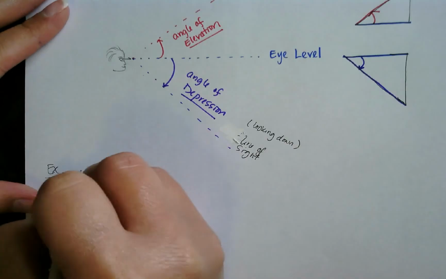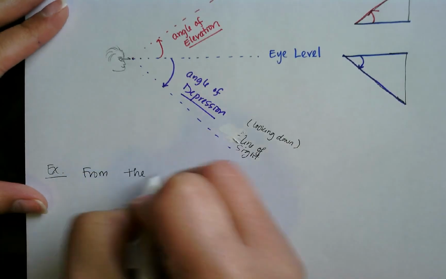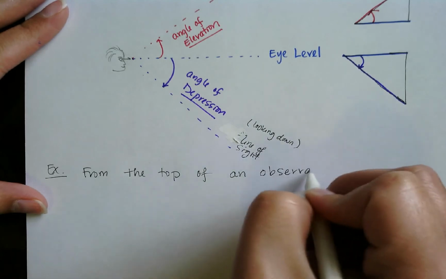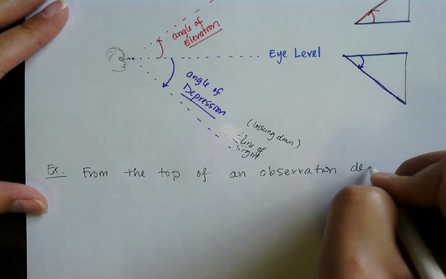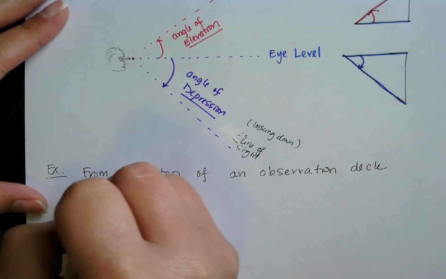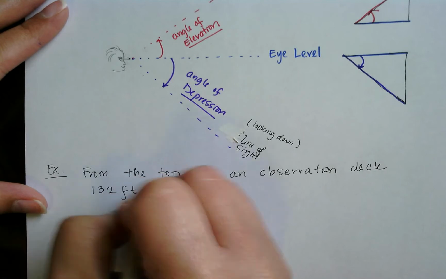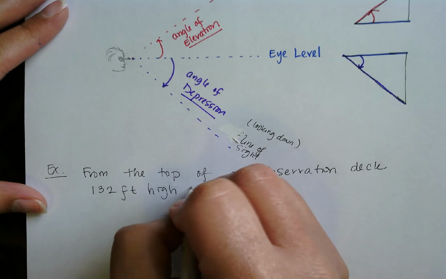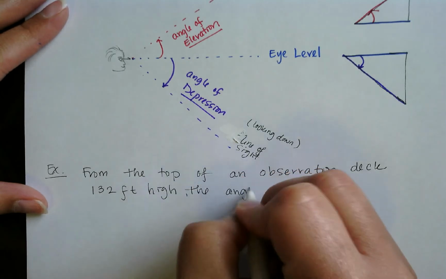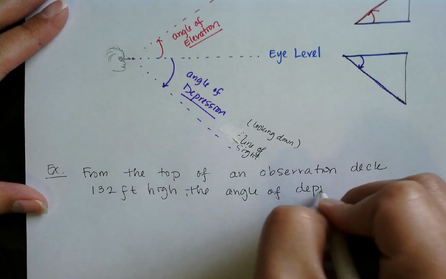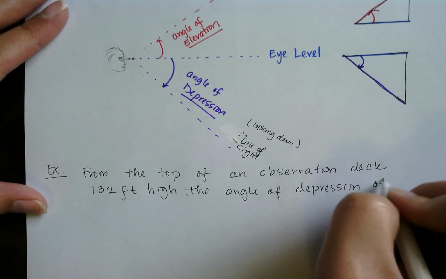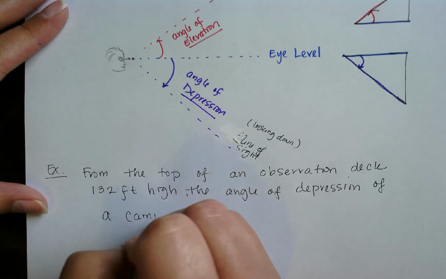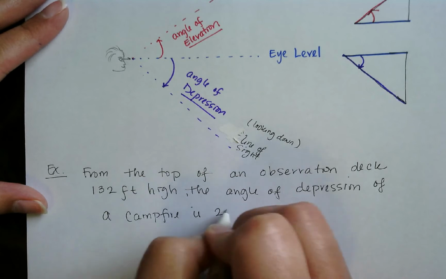Here's an example. From the top of an observation tower, or observation deck, whatever, 132 feet high, the angle of depression of a campfire is 20 degrees.